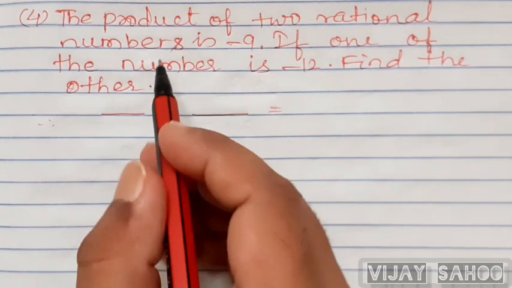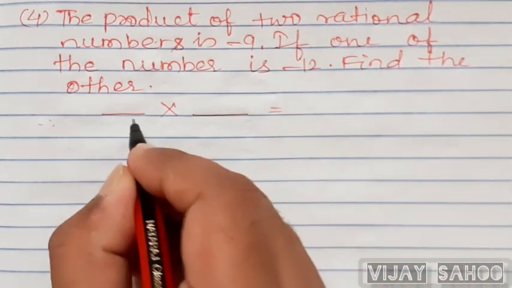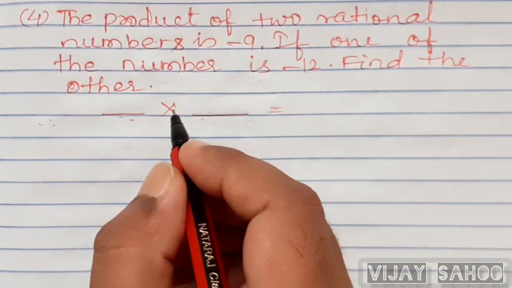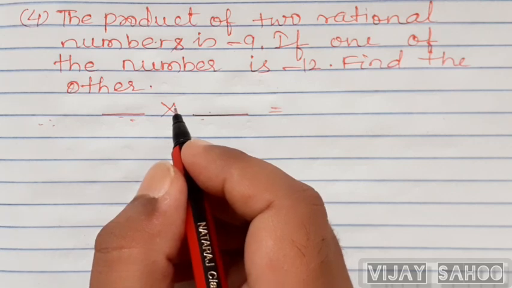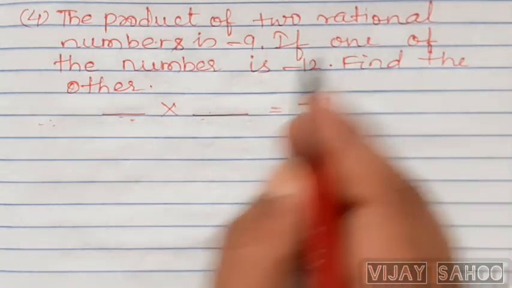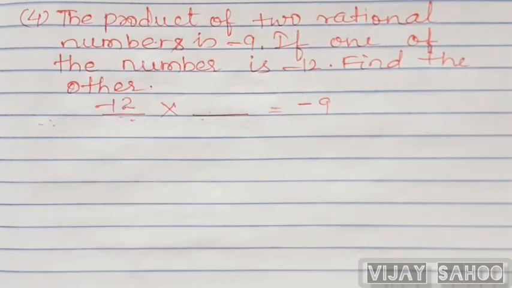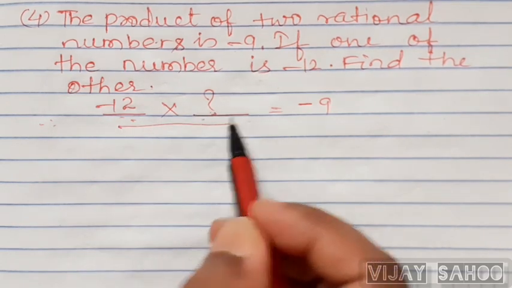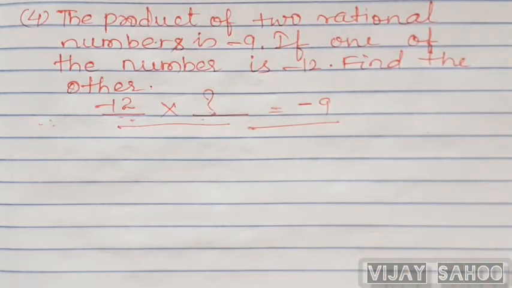If I multiply two rational numbers, I am going to get the answer as minus 9. If one of the numbers is minus 12, then find the other number. This is all to be done in rough. If you are understanding directly, then no problem, you can do it directly.